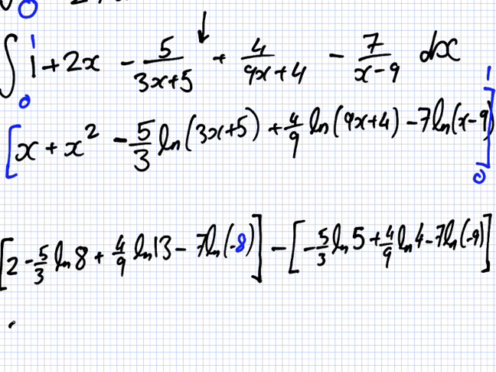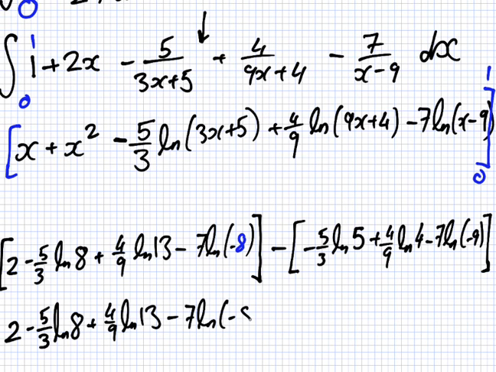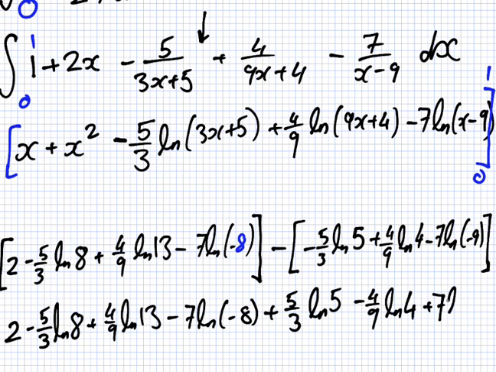So we get 2 minus 5 over 3 log 8 plus 4 over 9 log 13 minus 7 log minus 8 plus 5 over 3 log 5 minus 4 over 9 log 4 plus 7 log minus 9.